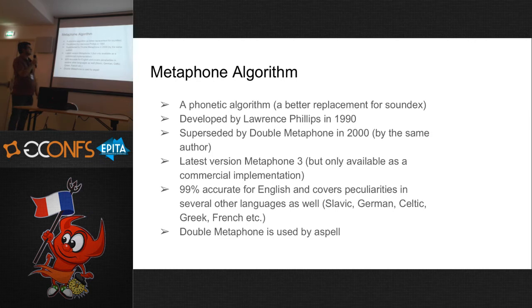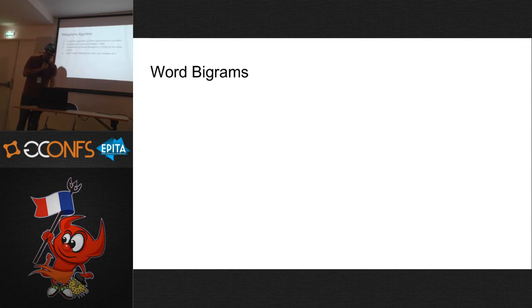The next version, called Double Metaphone, came in 2000. The final version came out later, I'm not sure when, but that is a commercial version, so we cannot use it. But the Double Metaphone algorithm is available openly, so we can easily use it.